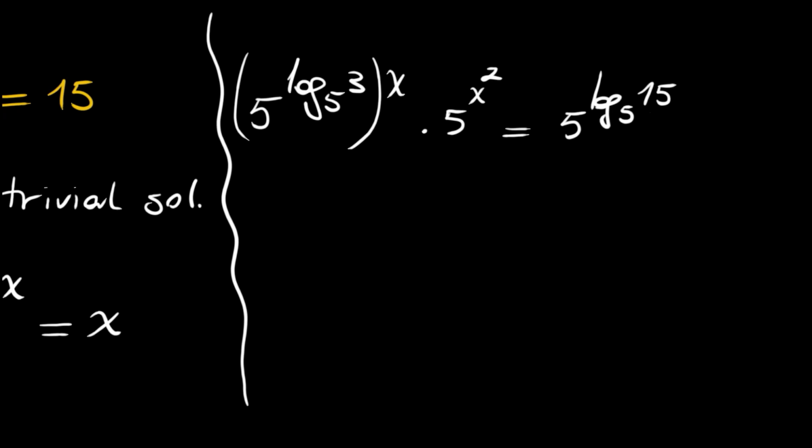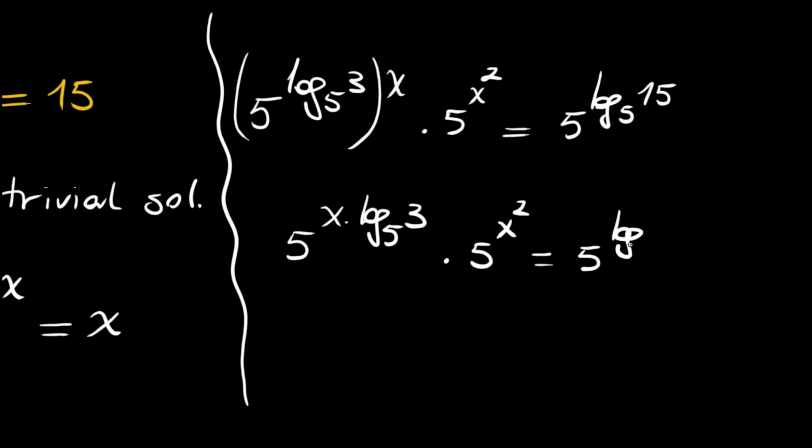Now, my friends, let's write a little bit more compactly. We have 5 to the power of x times log base 5 of 3, times 5 to the power of x squared, is equal to 5 to the power of log base 5 of 15.